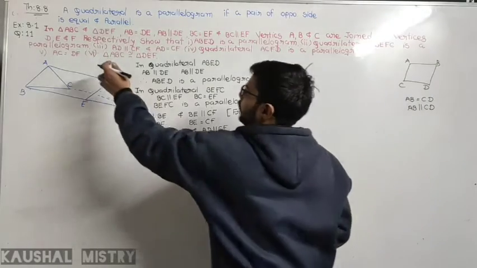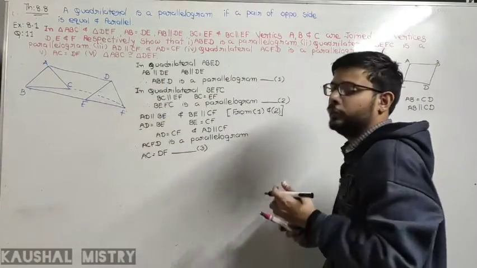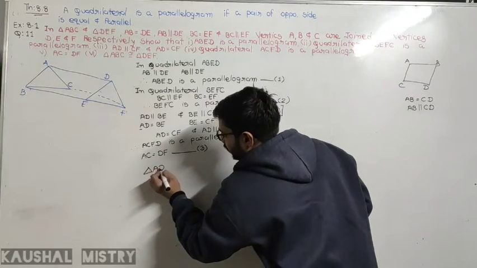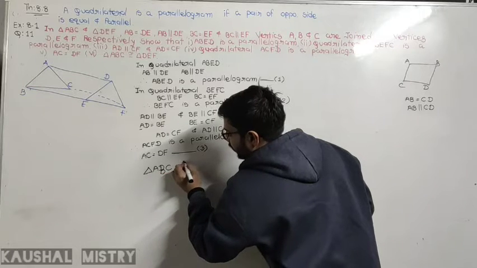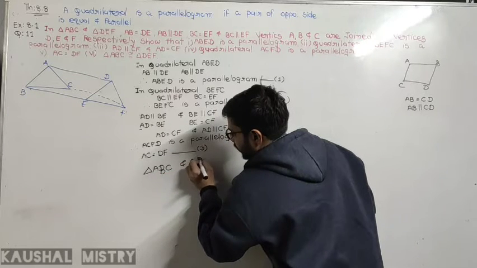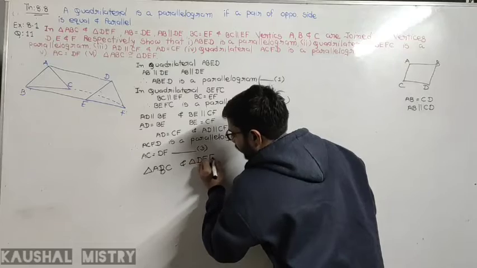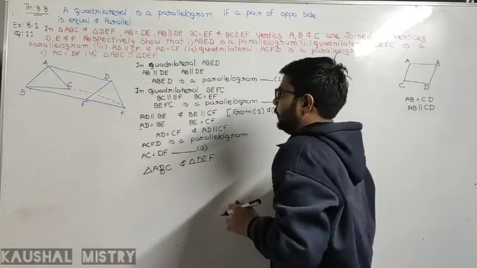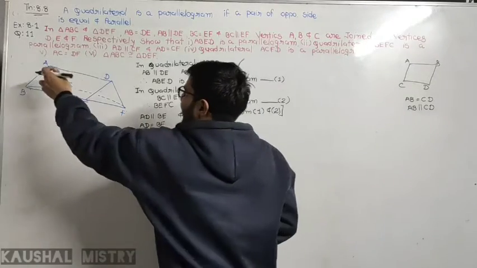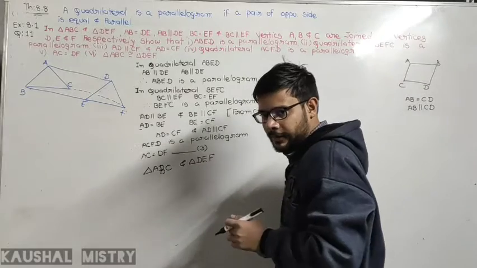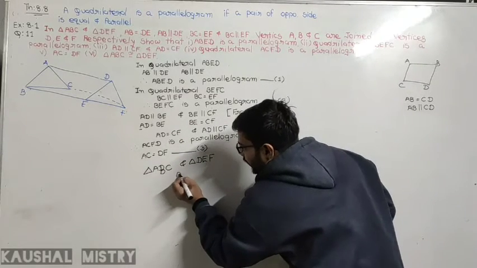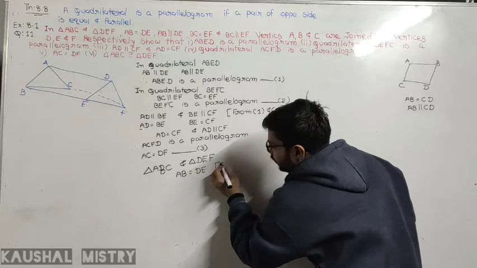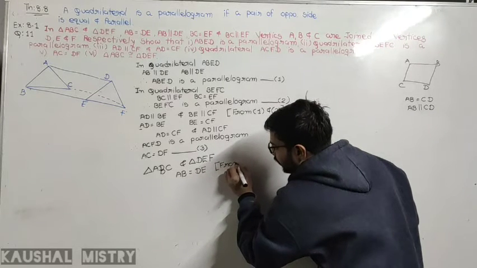Now what we have to prove? Triangle ABC is congruent to triangle DEF. So we will take these two triangles, ABC and triangle DEF. We know that ABED is a parallelogram. That means AB is equal to DE, right? So we can definitely write AB is equal to DE. This will be from result number 1.